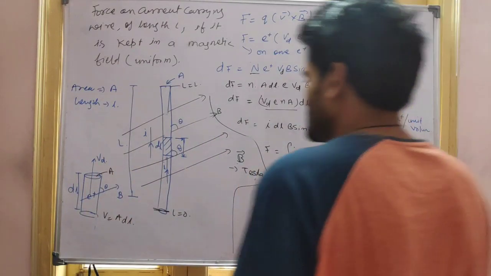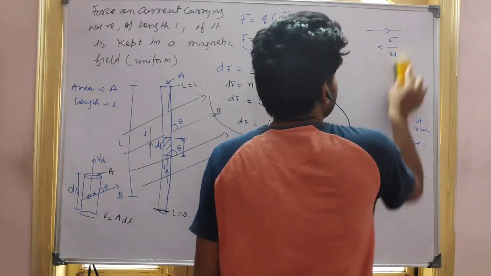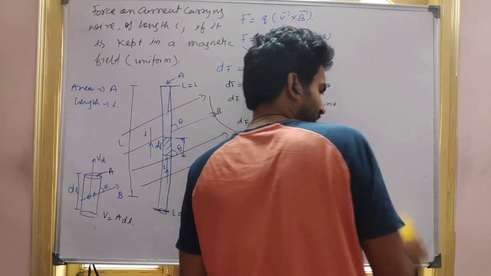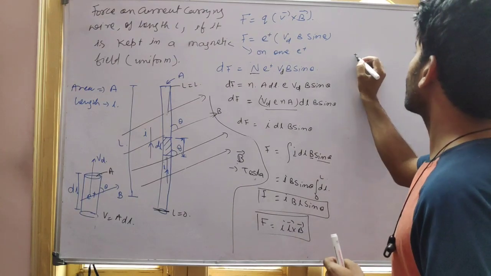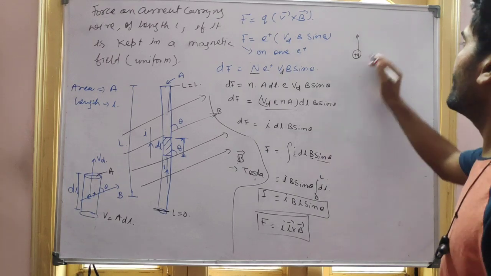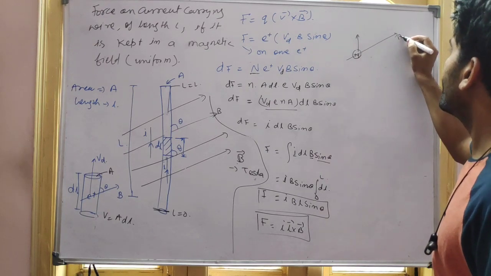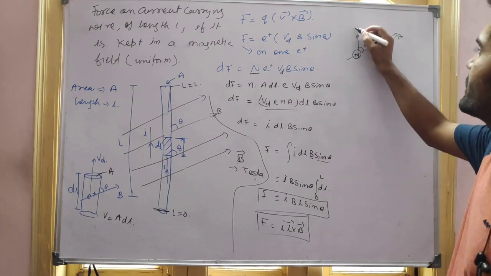Then let's see how the direction will be. See, if I take a plus Q charge here, plus Q charge is moving in this direction, and where is B? B is here, theta. This is the velocity.